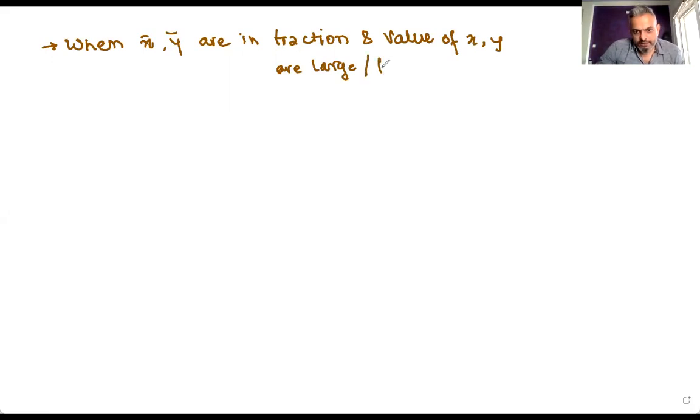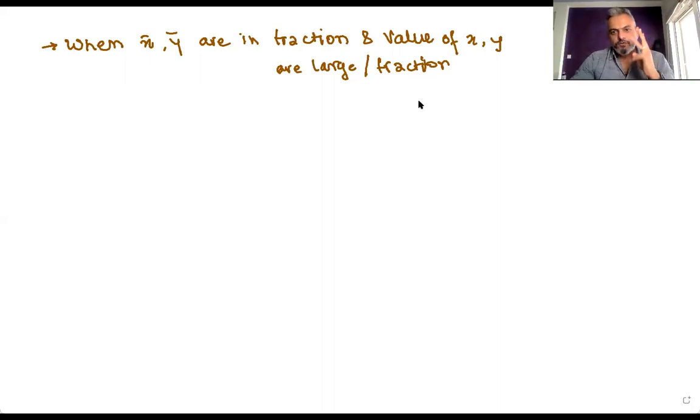Or they are in fractions themselves, okay? That is also possible, that values of x or values of y are in a fraction. So in that case, we have to use this third formula. Okay. Now, as you know, the first step is we always find the mean x bar and y bar.